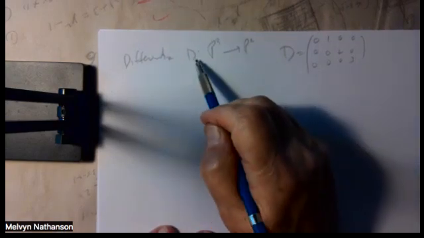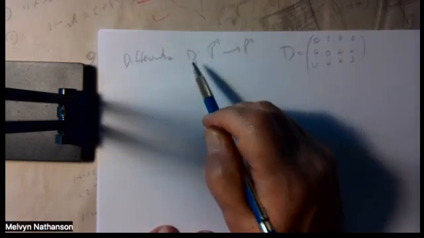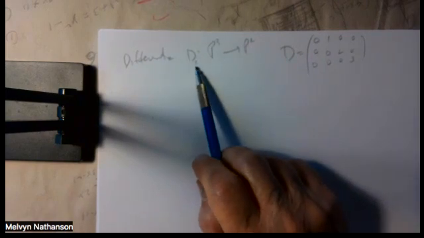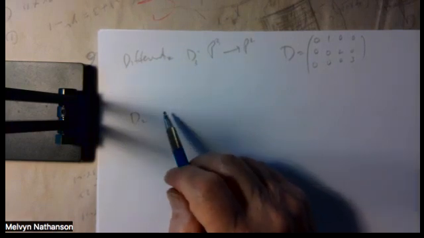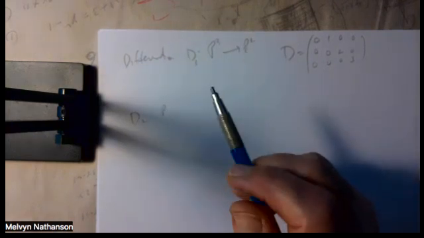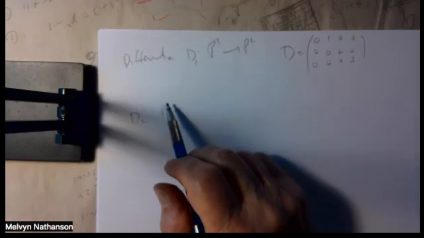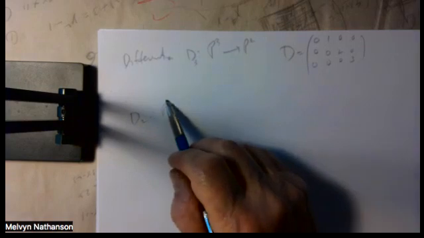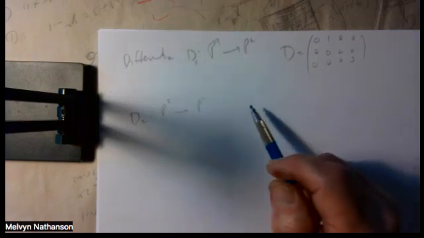I'll call this D3 because this is the derivative of a cubic polynomial. Suppose I want to find D2, which is differentiation in the simpler case from a quadratic polynomial to a linear polynomial.